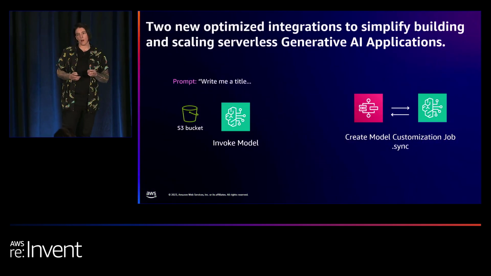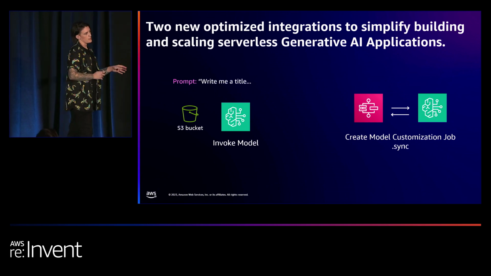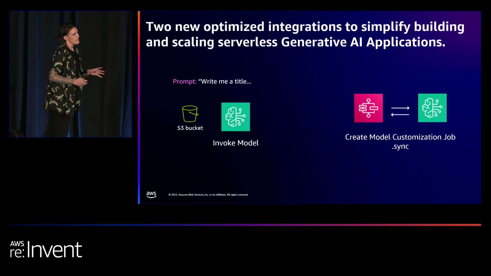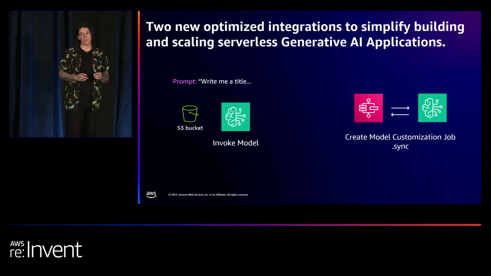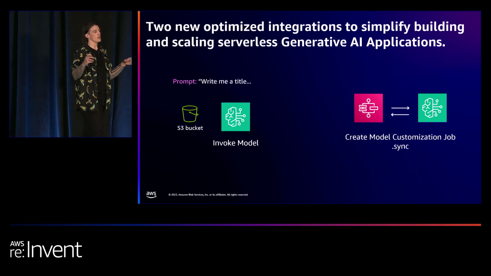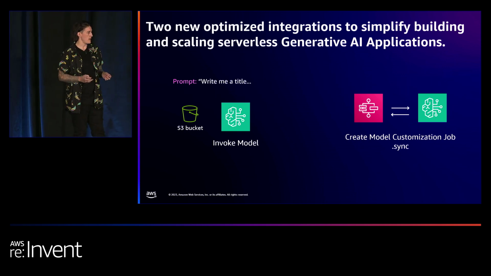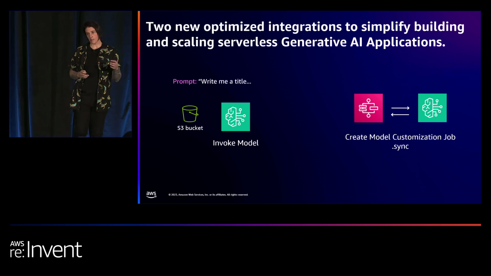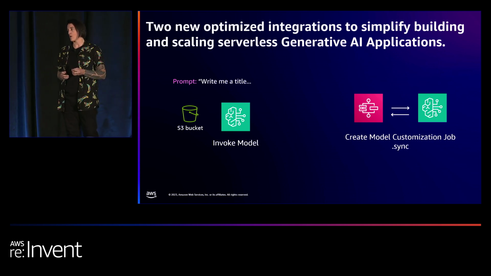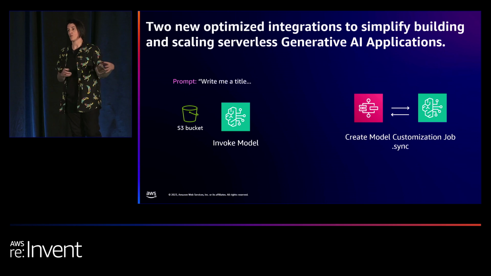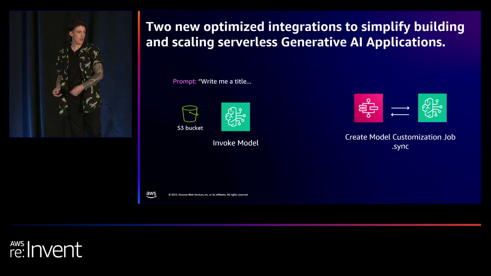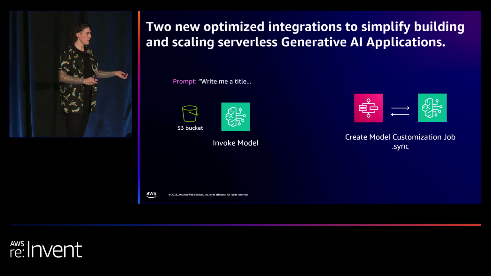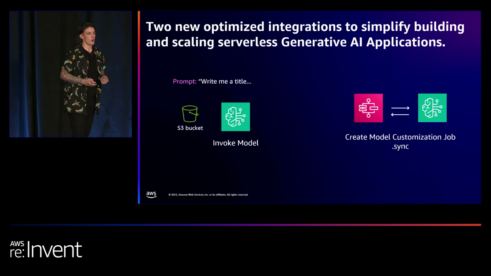The first of these 2 optimized integrations is invoke model. The invoke model API for Bedrock is how you'll actually call and interact with those foundation models. The optimized integration for invoke model provides the ability for you to directly invoke a model, and you can provide a prompt, the prompt being the request or the question you have for the foundation model.